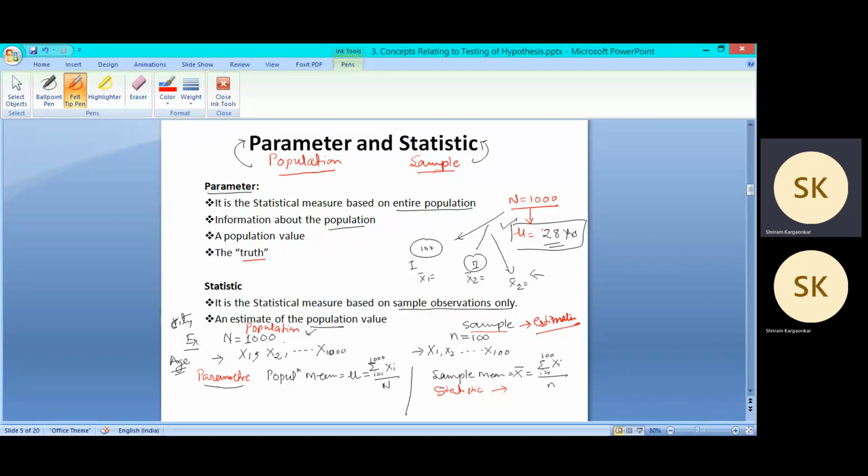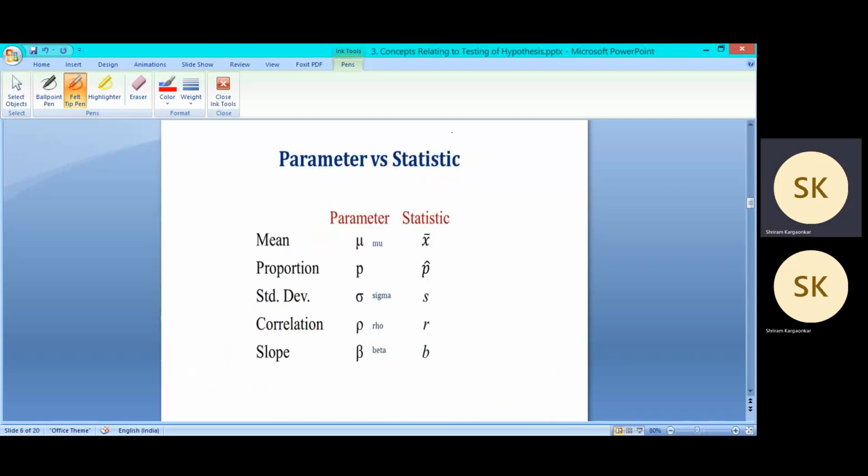Okay, so now let's move further. Hope you are clear with population and sample, and parameter and statistic. Then these are a few symbolic representations of important parameters and statistics. One thing you must remember: parameters are always related to the population, whereas a statistic always relates to the sample.